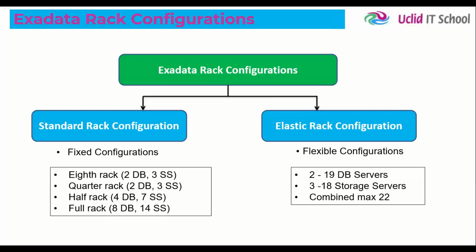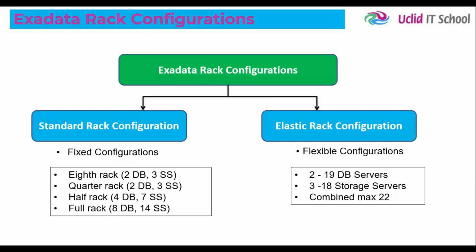But actually, the difference is in the capacity, the actual capacity of the rack. 8th rack is half the capacity of quarter rack. So in other words, 8th rack is half as powerful as quarter rack.